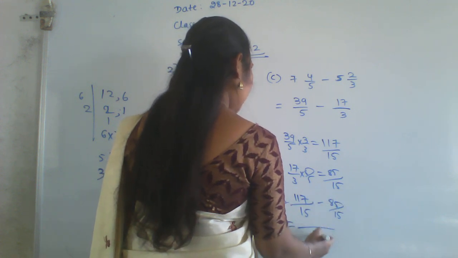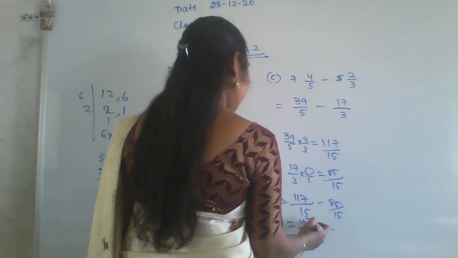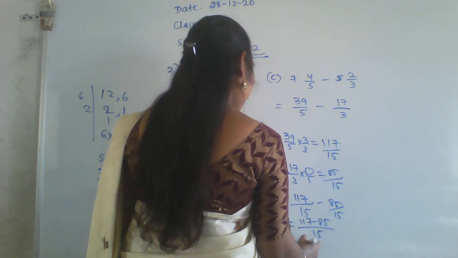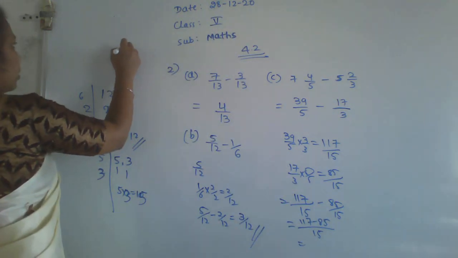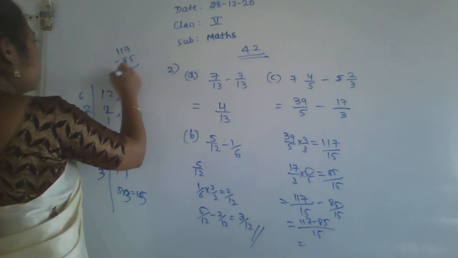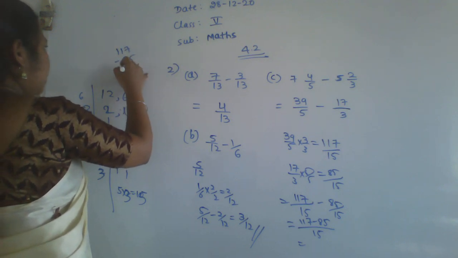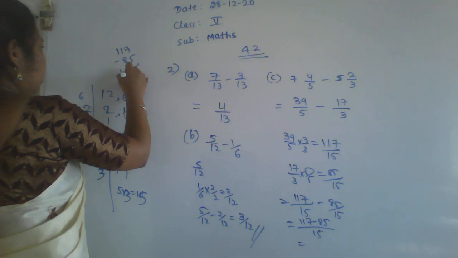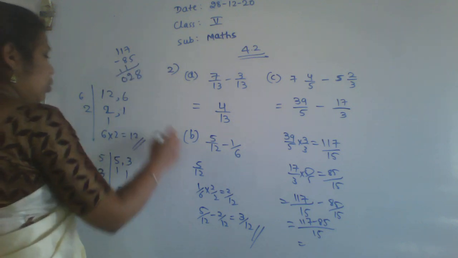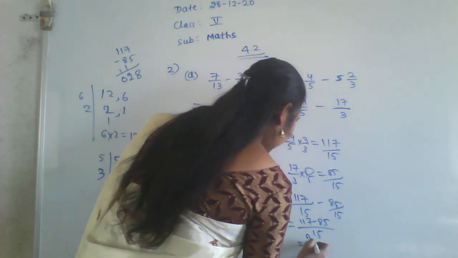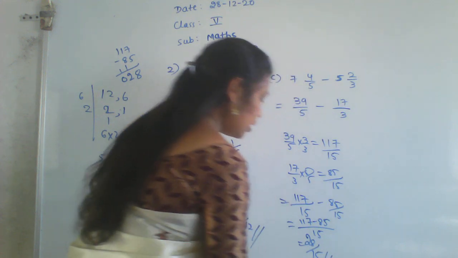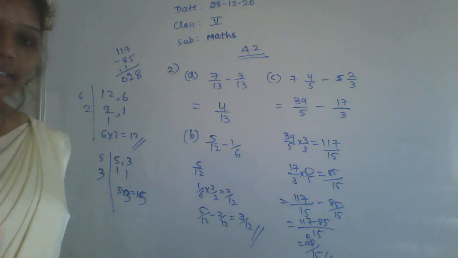The denominators are the same here, so subtract only the numerator values. What is the answer? 117 minus 85: 17 minus 5 is 8, 11 minus 9 is 2, and here 0. So the answer is 28 by 15.